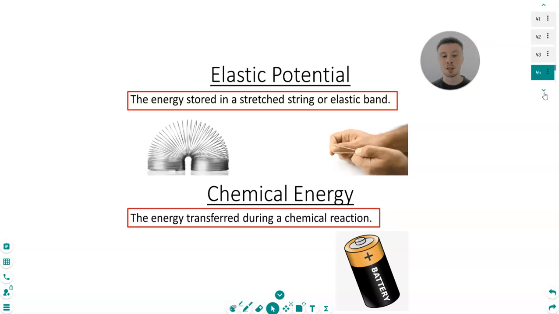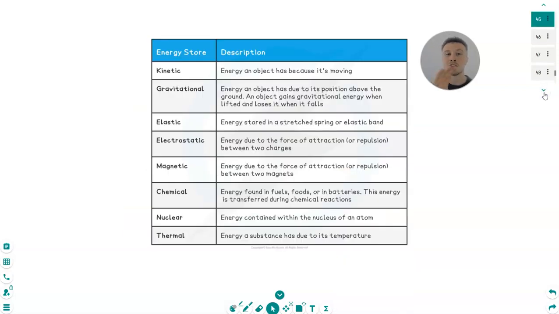Finally, we have chemical energy. And this is energy transferred during a chemical reaction. So we look at a battery, for example. When we plug it into a controller or a TV remote, we have a chemical reaction within that battery supplying energy. So here's just a table of all the different energy stores and a description for your revision.